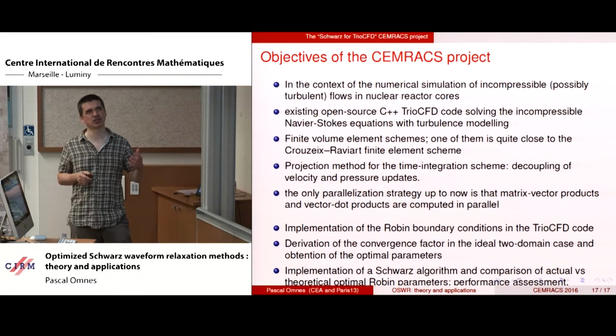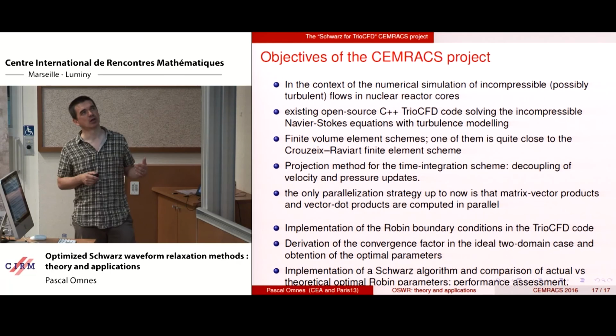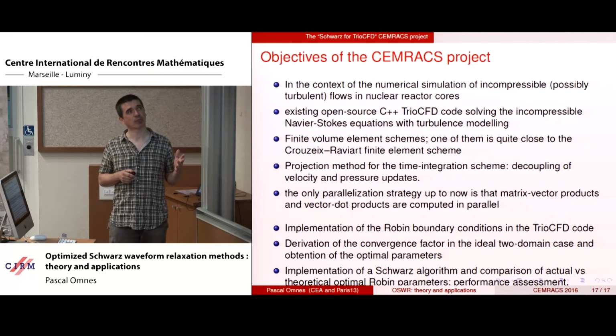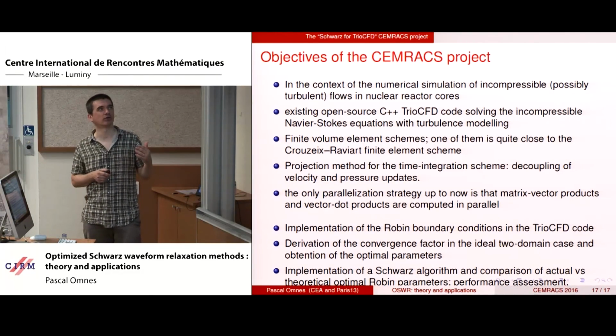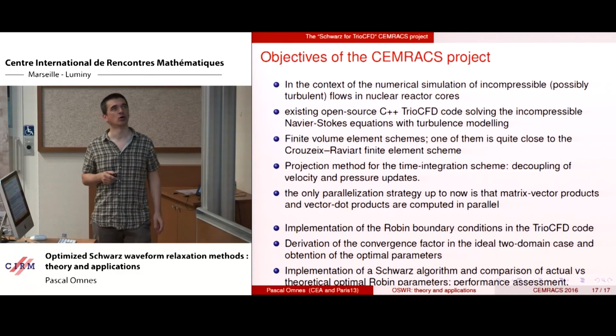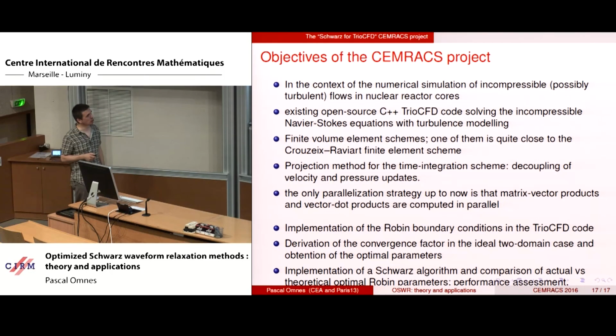This is a method which decouples velocity and pressure updates. You first do a velocity update from the momentum equation, and then you correct the velocity update through resolution of the pressure Poisson equation. This decoupling enables you to have, on the one hand, a vector Poisson equation for the velocity unknowns, and one scalar Poisson equation for the pressure.